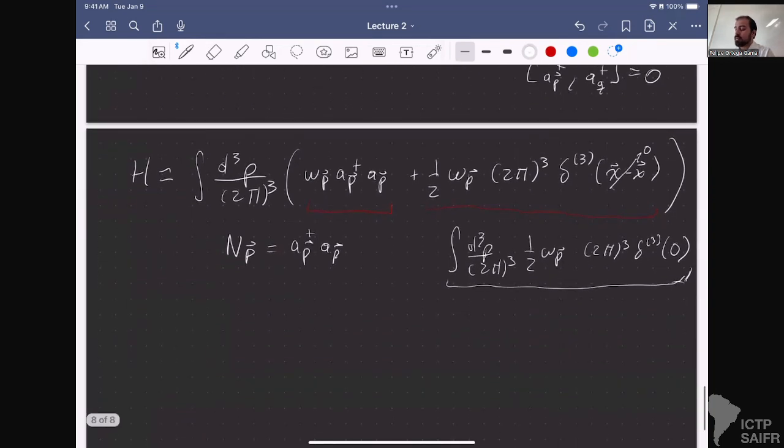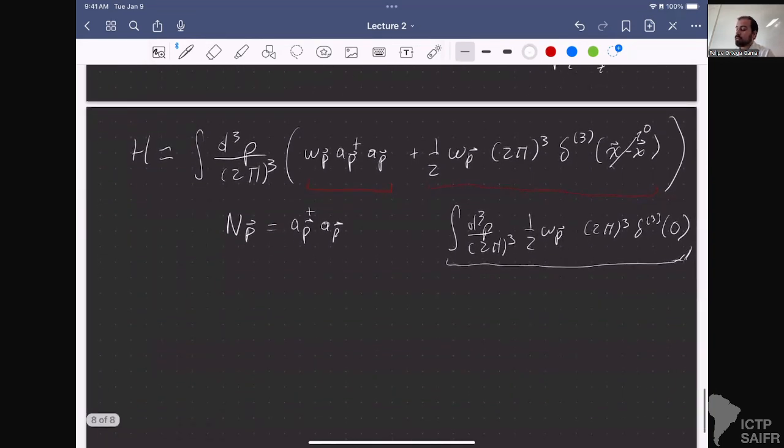You might think this could be problematic for the theory, but thankfully, what we are really interested in is differences in energies. Calculating the value of the total energy of the system in quantum field theory is not what we are actually interested in, but really the differences in energies, so that we can ignore the second part of the Hamiltonian.